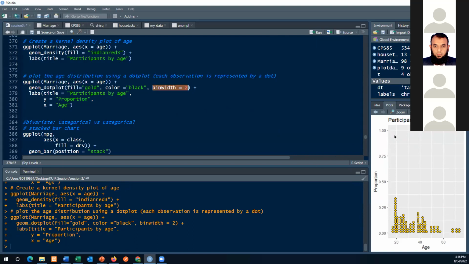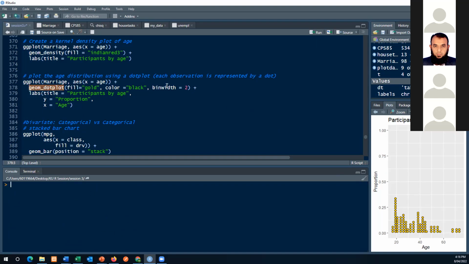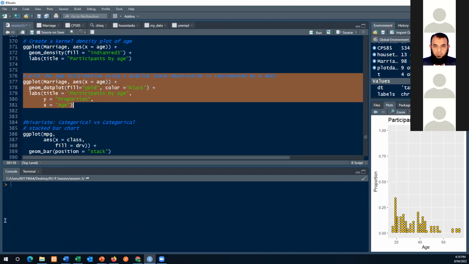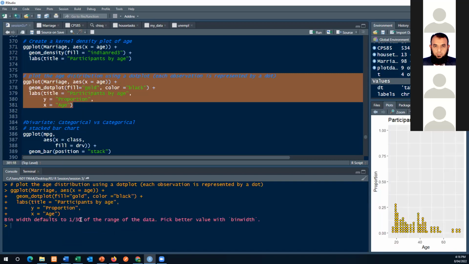because it's calculating. It's interesting: if you look at the geom_dotplot bin width calculation, if we don't put anything there, then it will show a warning. The bin width defaults to 1/38 of the range of the data.